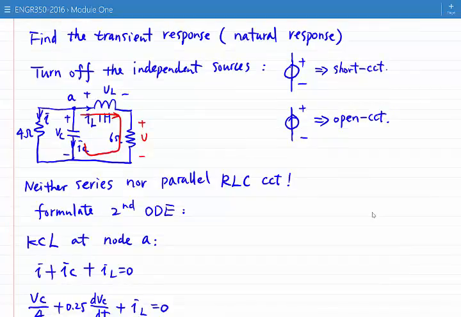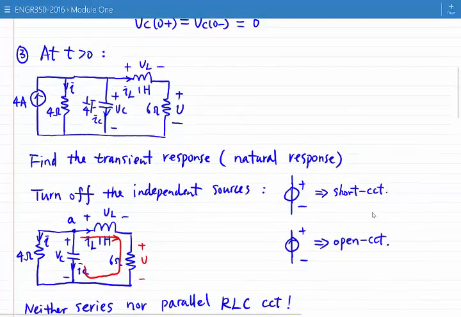Because we have the 4 amp current source, in steady state this current source will flow through the inductor.